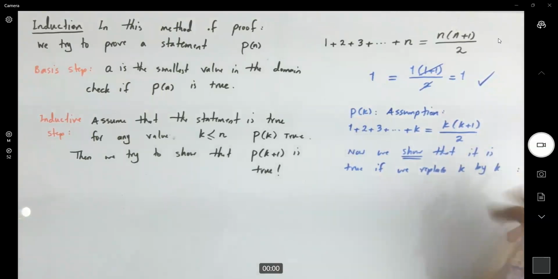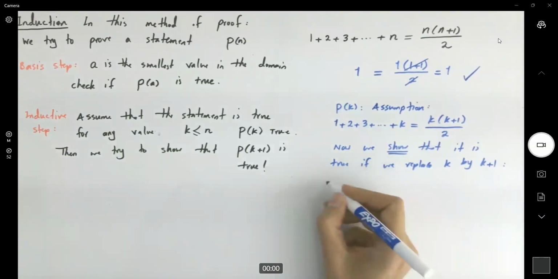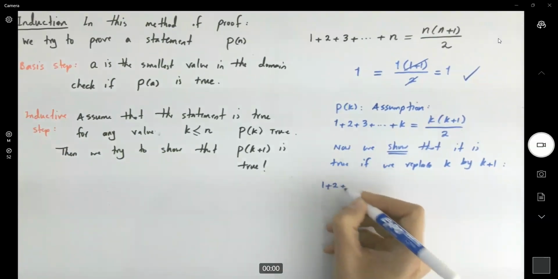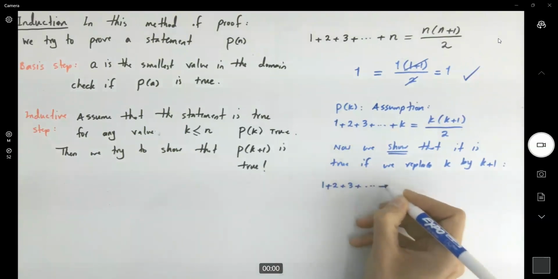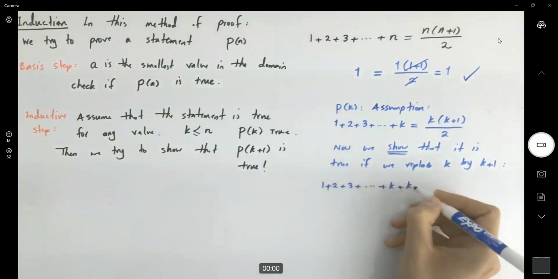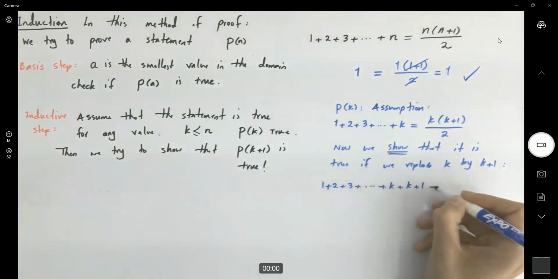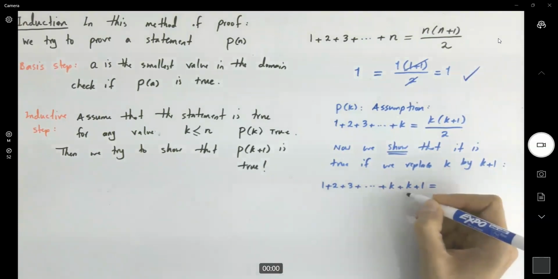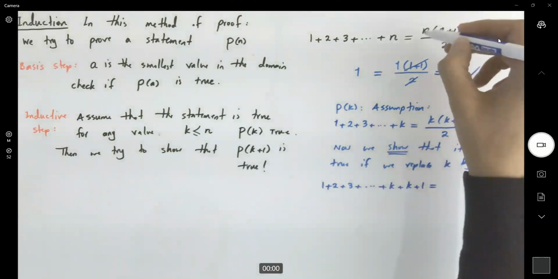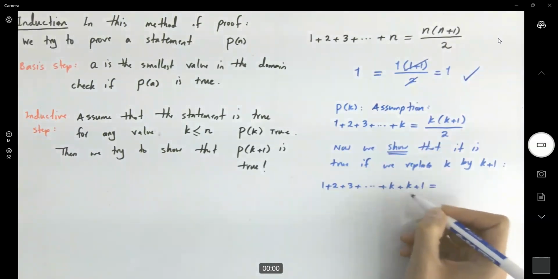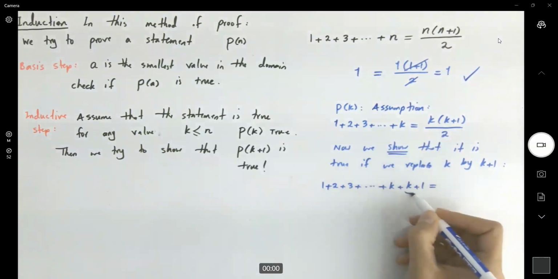Okay, so you have a formula. You're going to show that 1 plus 2 plus 3 plus k plus 1 is equal to, wherever you see k or wherever you see n, you're going to replace that by k plus 1, the last term.